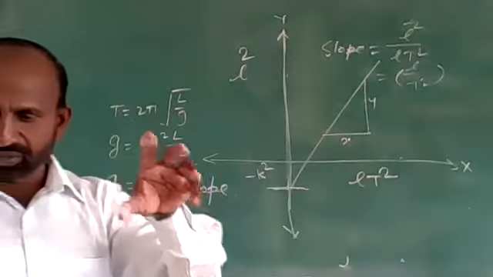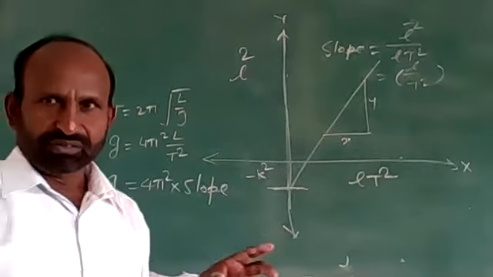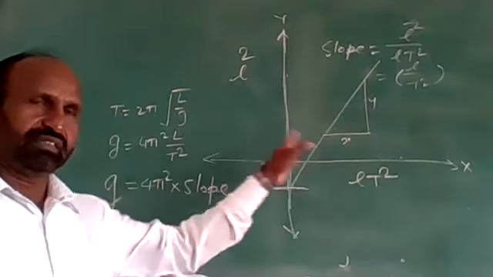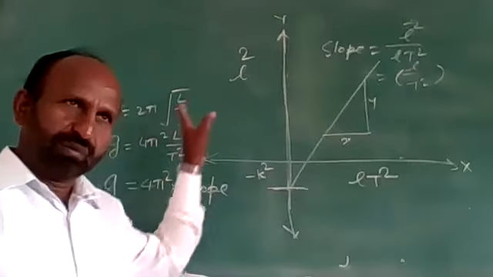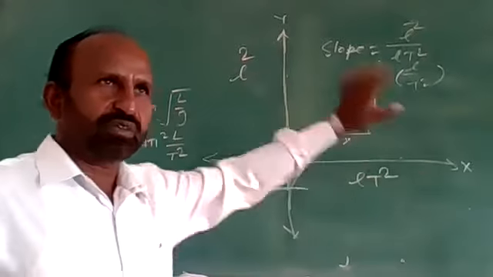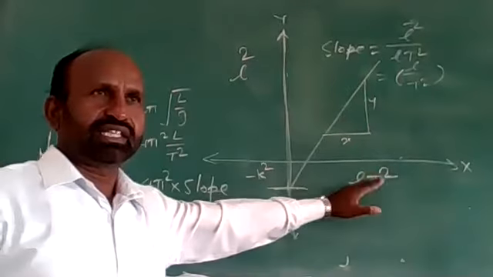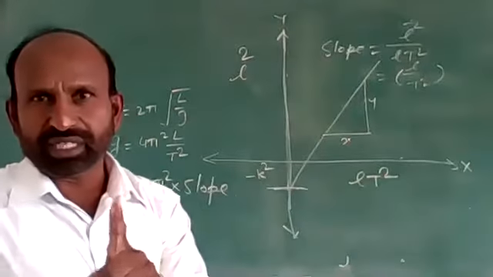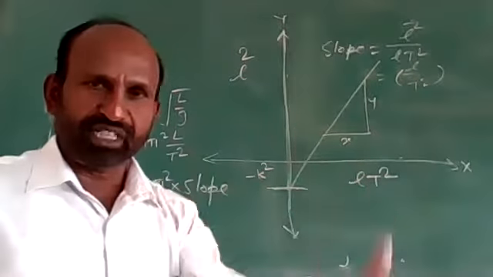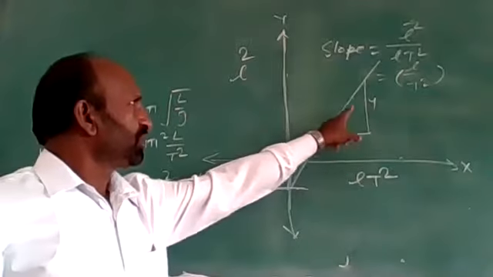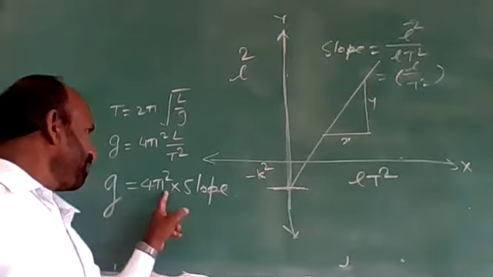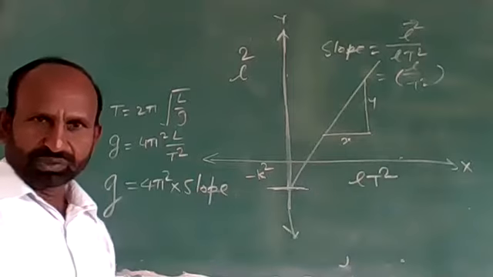Means by using bar pendulum, we can plot a graph for L and t. We can obtain the acceleration due to gravity from that graph. Also, by plotting a graph of L square against L t square, we can also obtain acceleration due to gravity by using slope of the graph. Therefore, g is given by 4 pi square into slope.